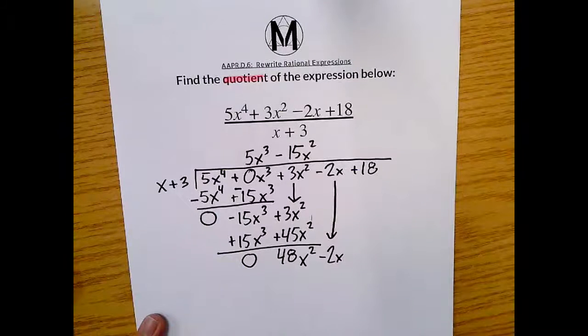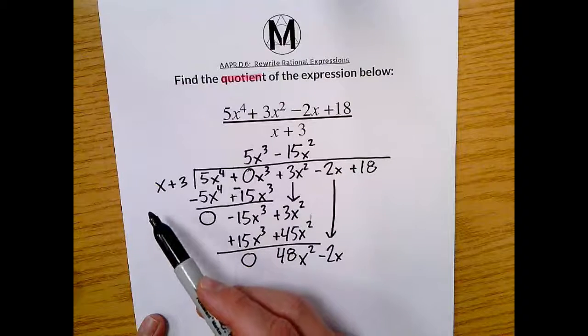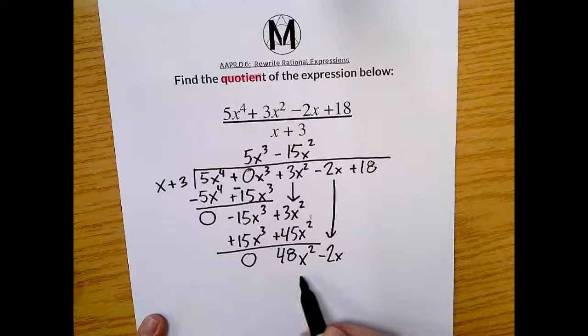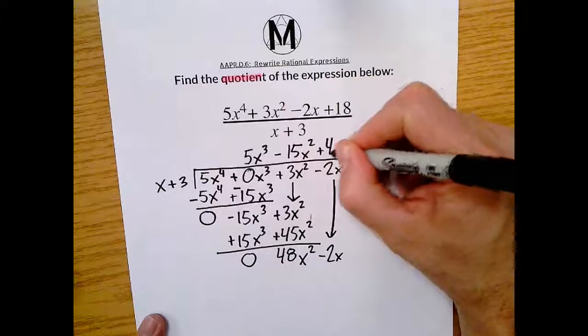Okay, so we start the process over again. Just kind of keep going through this dance, like a dance. 1, 2, 3, 4. 1, 2, 3, 4. So we're at step 1, which is ask the question. What does this x have to be multiplied by to become 48x squared? And the answer is you just multiply by 48x.